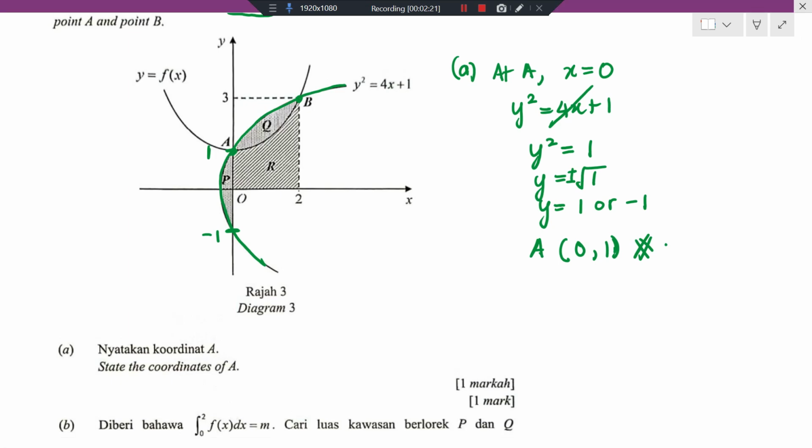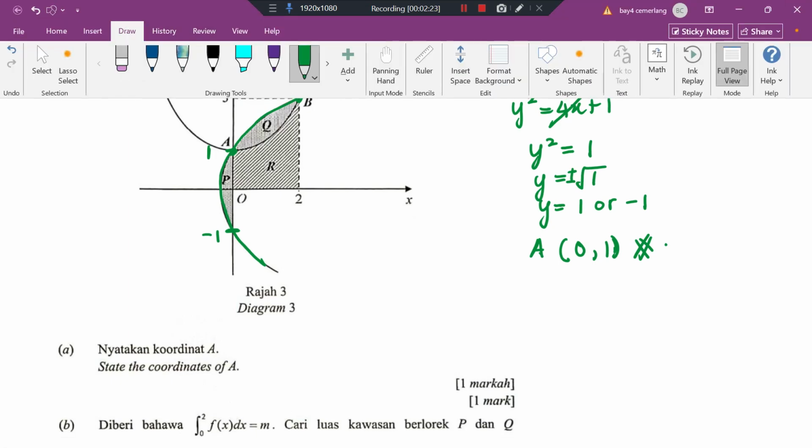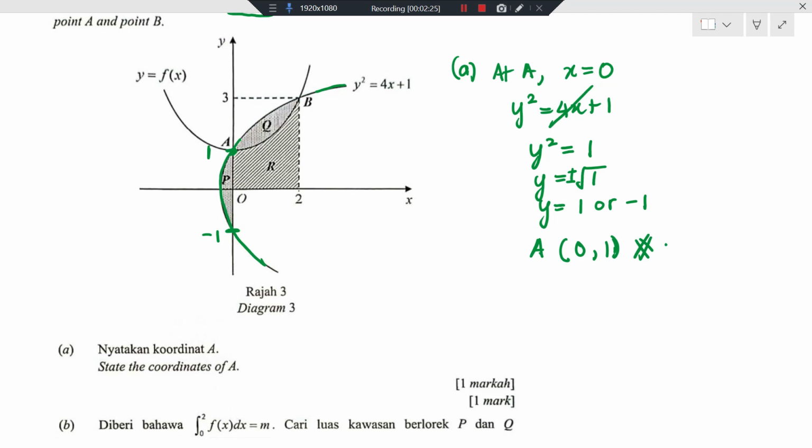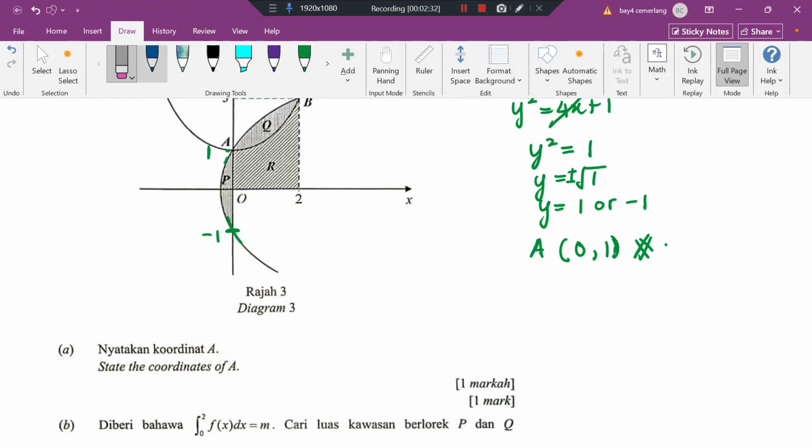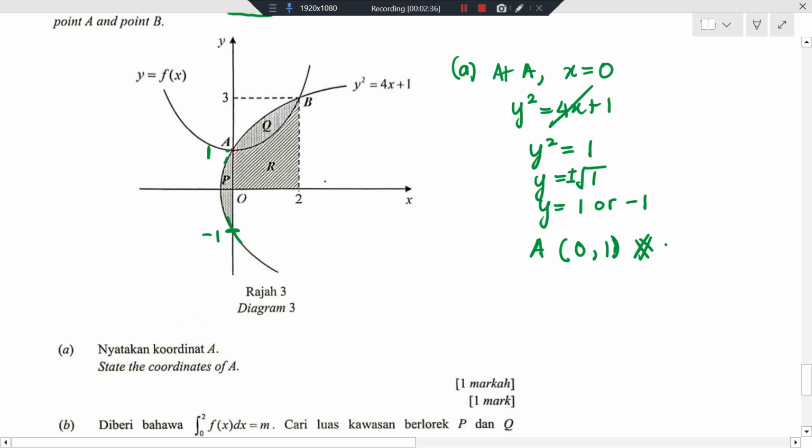Okay, let me clear this. You need to make sure you know what it means. They mention about which curve? The y equals f(x) curve here, right? So they're talking about integrating from 0 until 2, so they are talking about this area.